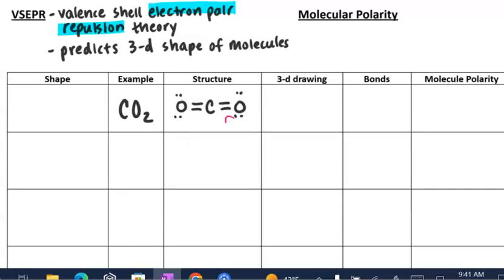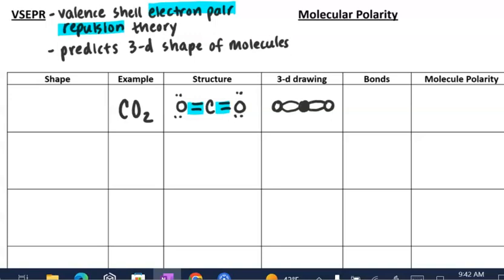Now, what's that going to mean? Now, this one's pretty simple. In order for this set of electrons and this set of electrons to get as far apart as possible, they're going to be in a straight line across from each other. And this is what our 3D drawing is going to look like. When we draw a 3D drawing, we use circles to represent the different atoms. So I'm going to use a circle here for my O, and I'm going to show the double bond just with those little bendies, and I'm going to use a dark circle for my C. Again, showing my bond.